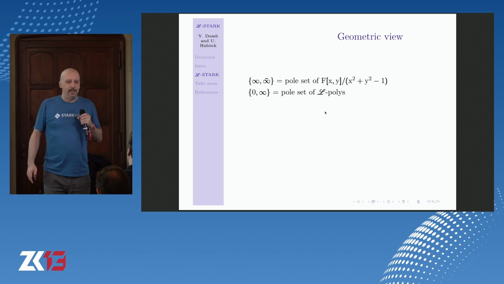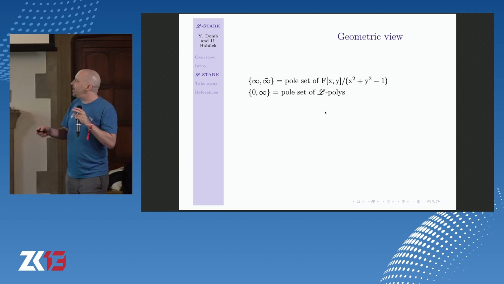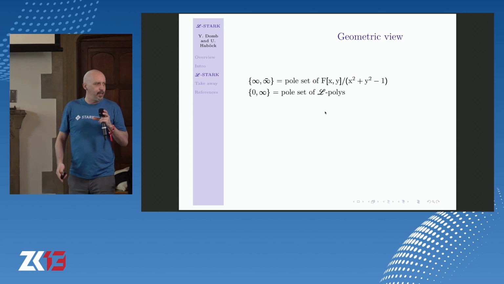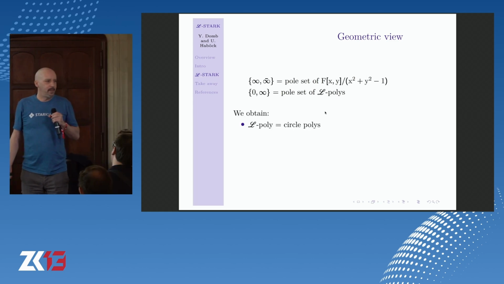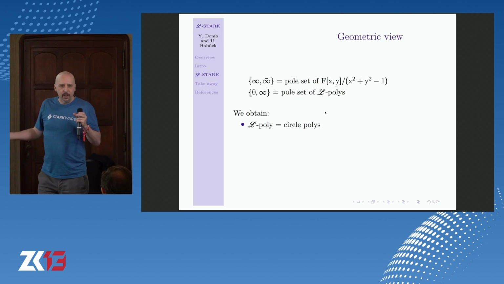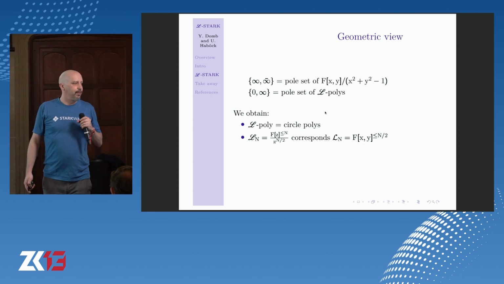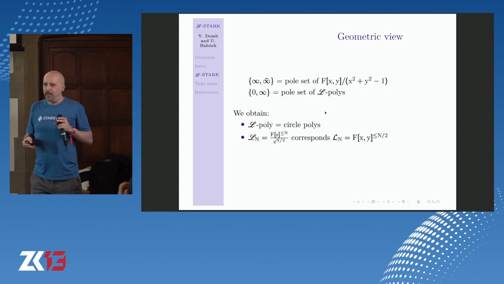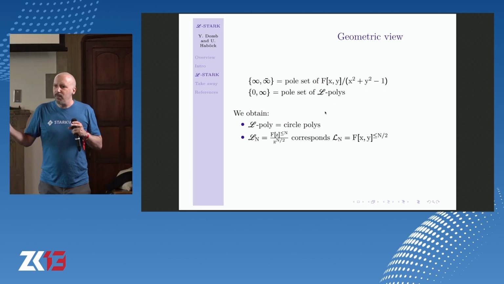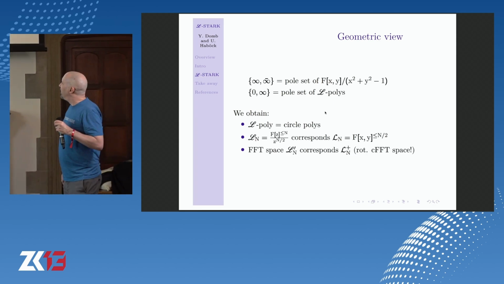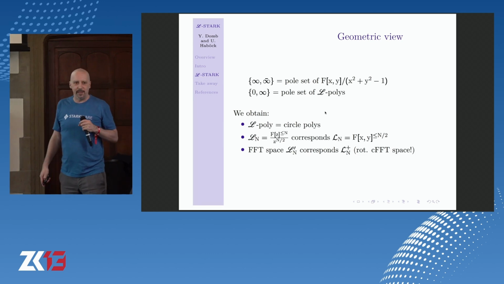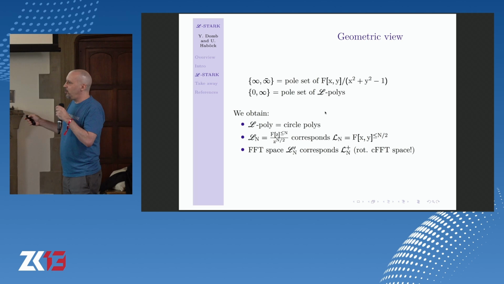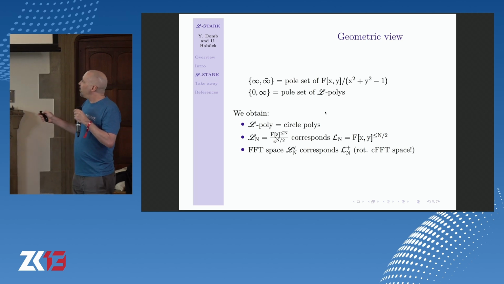And that means that this specific identification, this other type of stereographic projection, maps the Laurent polynomials onto the circle polynomials. It's even degree preserving. That means a Laurent polynomial of degree n is mapped to a circle polynomial of degree n over 2. And the FFT space, which was named, I think, Ln plus in Yuval's part, corresponds to this.